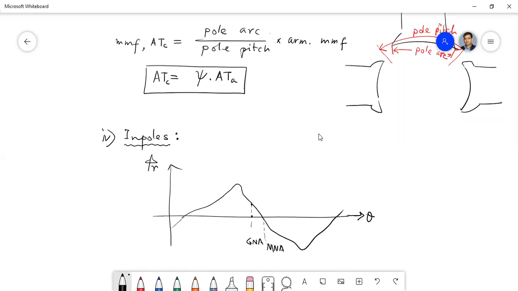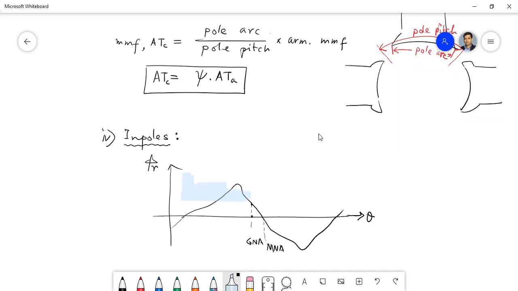Now, if we want to bring the MNA to its original position, that means at GNA, what should we do? If you can remember, what type of poles do we have here?